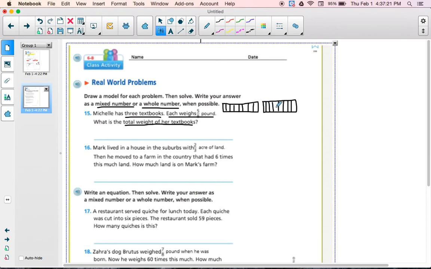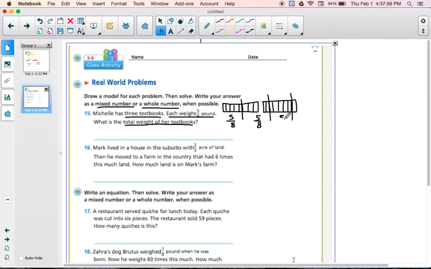So I've already drawn a couple fraction bars here that have been divided into 8s. 1, 2, 3, 4, 5. Here's one group of 5/8 right there. That represents one textbook. 1, 2, 3, 4, 5. There's another group of 5/8. That's 2 textbooks. 1, 2, 3, 4, 5.